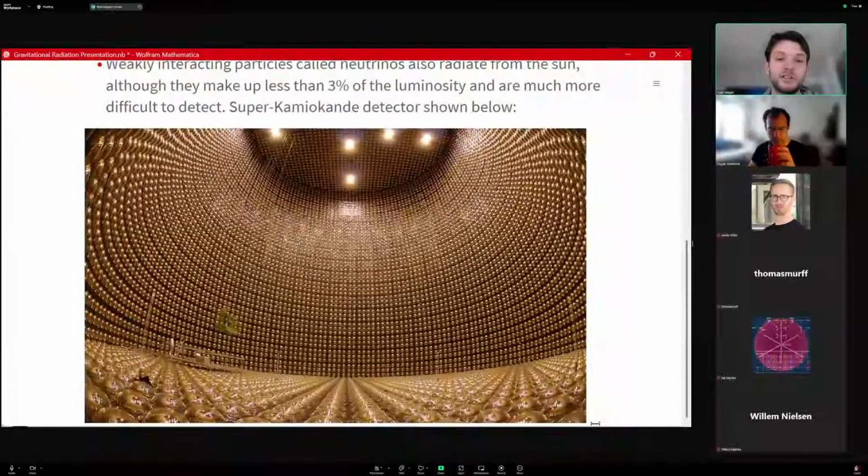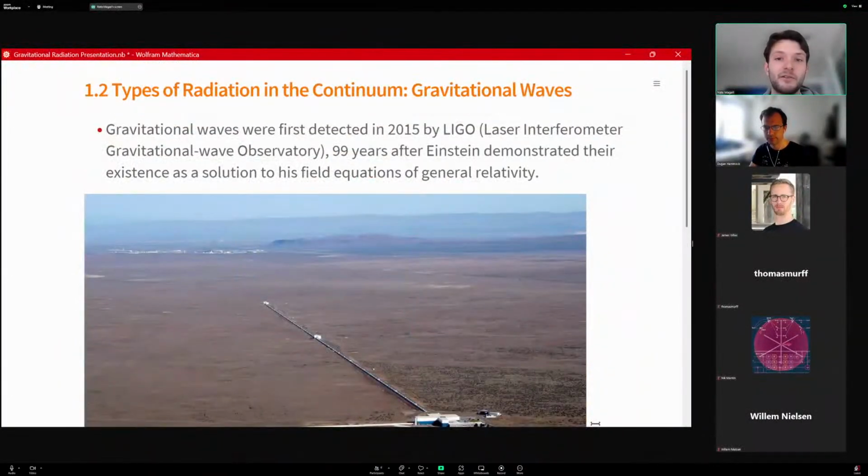And this was one of the biggest achievements in recent modern physics. Ten years ago, in 2015, gravitational waves were first detected by LIGO, the Laser Interferometer Gravitational Wave Observatory. This was 99 years after Einstein demonstrated their existence as a solution to his field equations of general relativity.